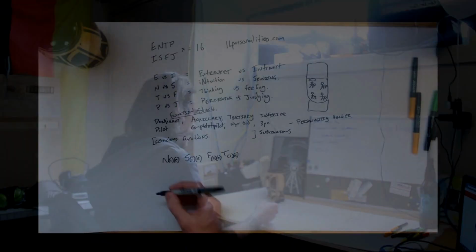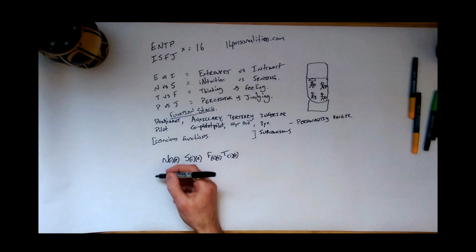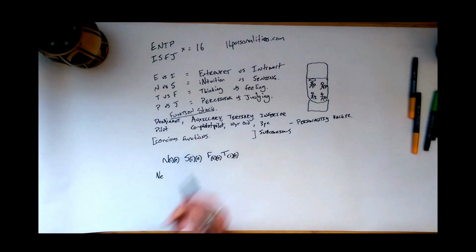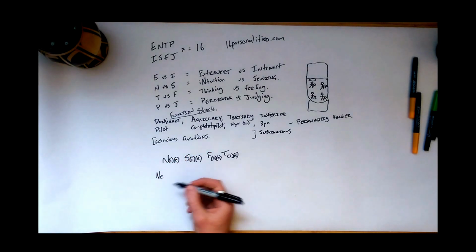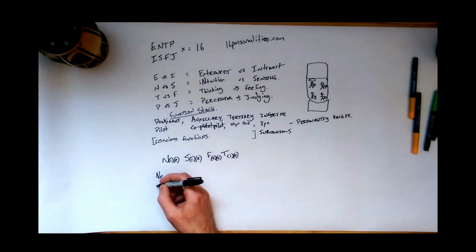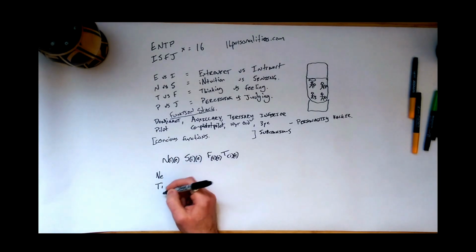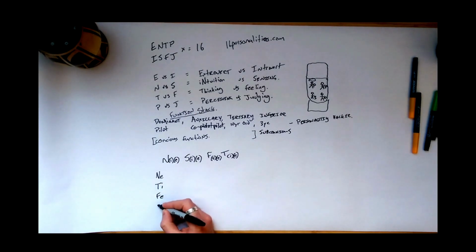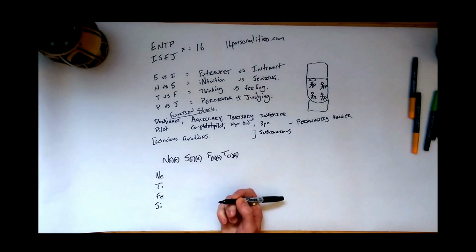So an ENTP, how this works is I lead, or I'm dominant, with my extroverted intuition, and then next, because I'm a thinking type, I have thinking in the first two, and in my case it is introverted thinking, and then we go to extroverted feeling, and then introverted sensing.